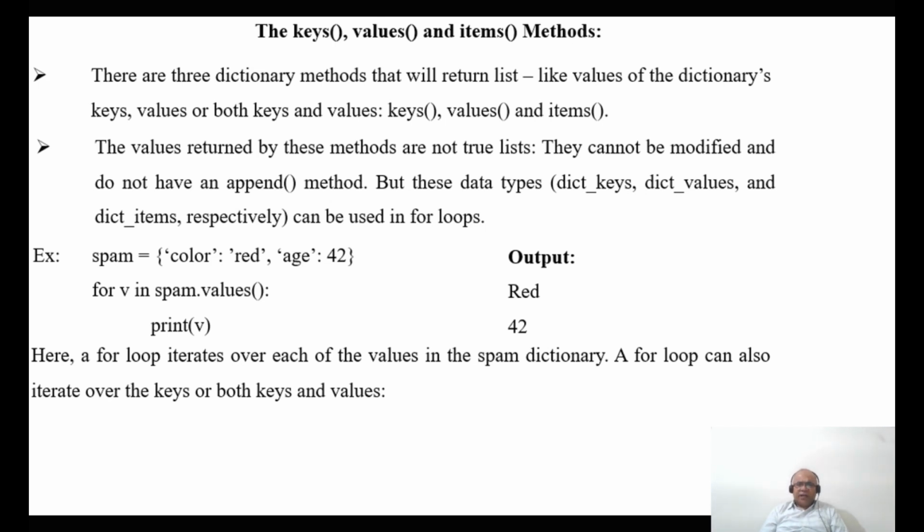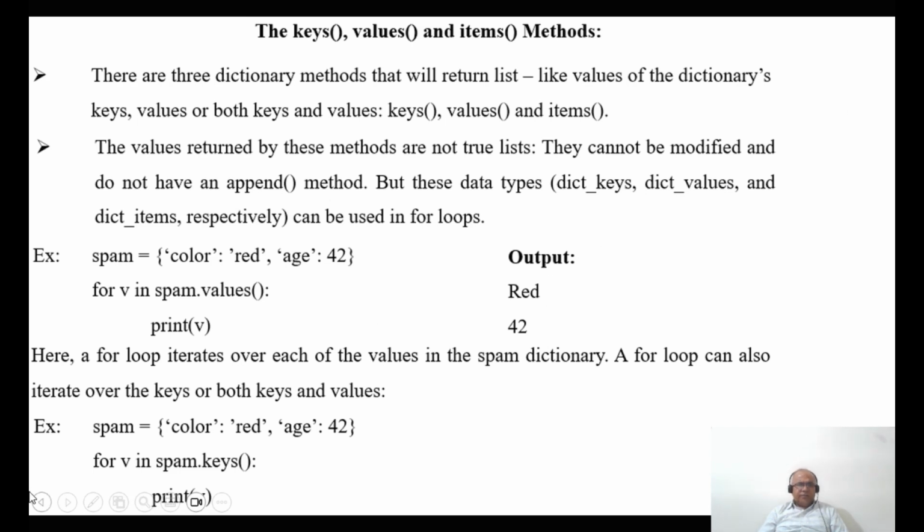Here you had 2 values and it accessed 2 values. Similarly, if you have 10 values, it will automatically access that data and give the output. So this is the advantage of using a for loop.